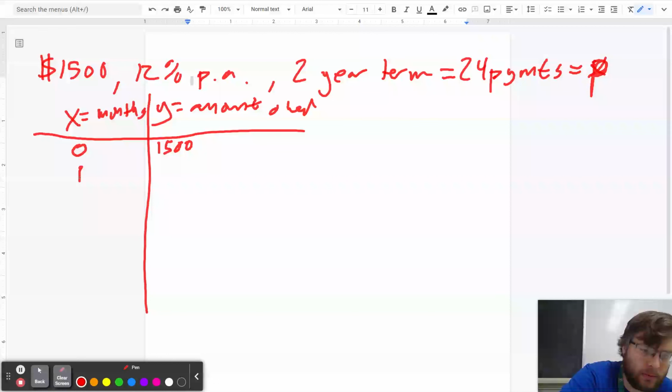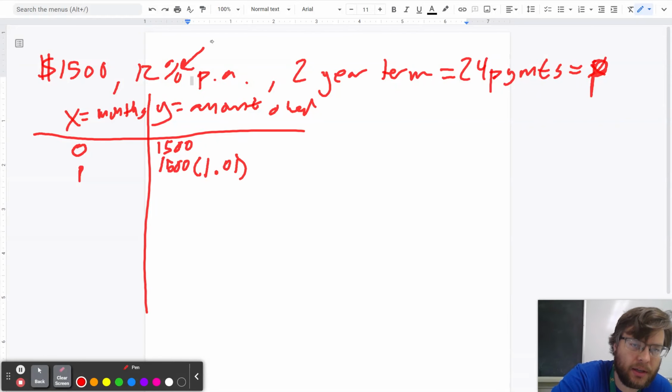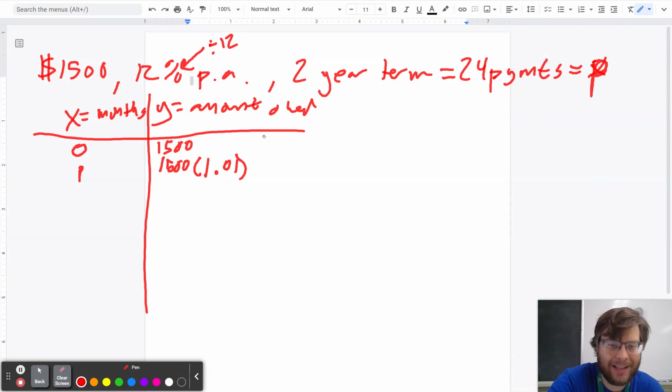Then in month 1, two things happen. You have $1,500 times 1.01, and I got 1.01 by taking the R value and dividing that by 12. So that's 1% per month. And you also made a payment, so subtracting the payment P.